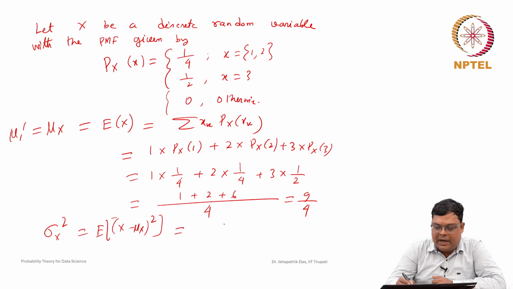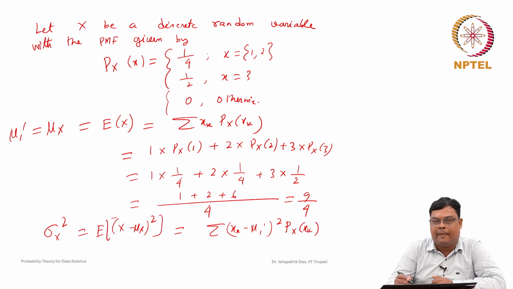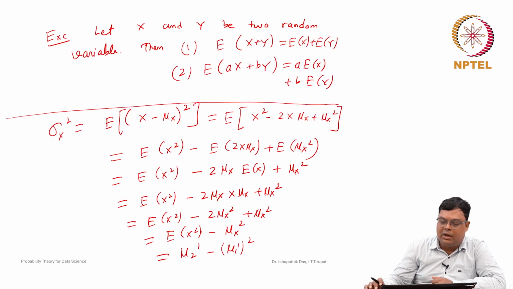So you have to find the summation of (x_k minus mu_1 dash) whole square, where mu_X is just mu_1 dash, 9/4, into P_X(x_k). Then you do the subtraction and square it, multiply, and find the value. It can be done, but we will use the other formula.